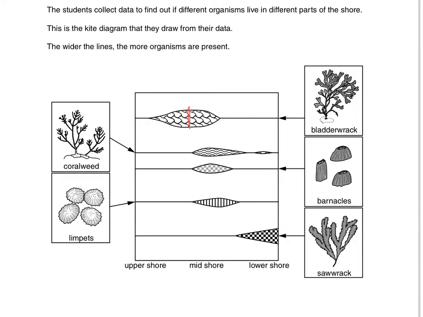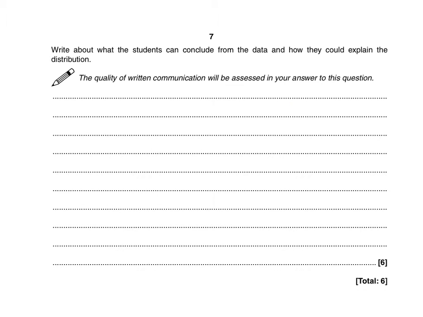So these straight lines mean there's none of that organism that lives there, but the wider bars give us an idea that more organisms live there. Let's have a look at what the question is. Write down what the students can conclude from the data and how they could explain the distribution.